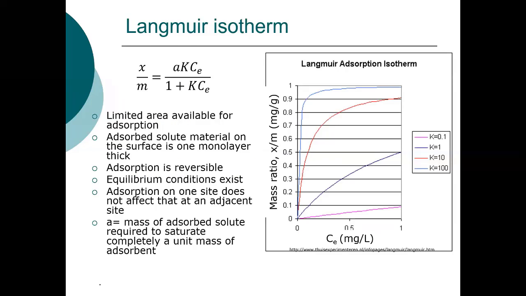So as I mentioned, the Langmuir isotherm is thermodynamically derived. And this A term here is related to the mass required to achieve monolayer coverage.